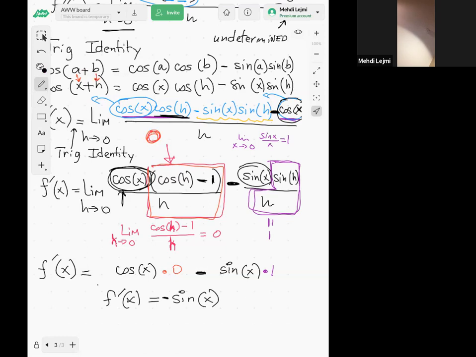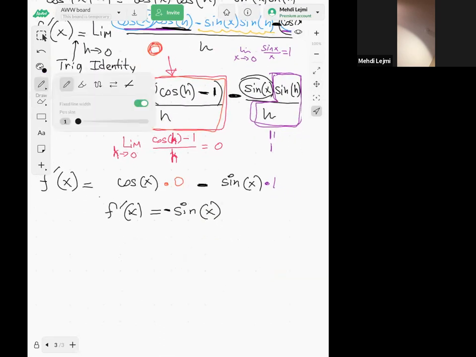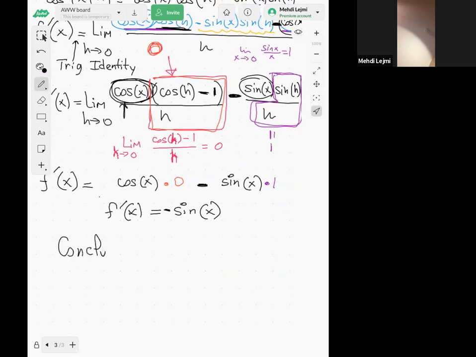So the conclusion, guys: derivative of cosine is minus sine. We said if f of x equals sine of x, then f prime is cosine.